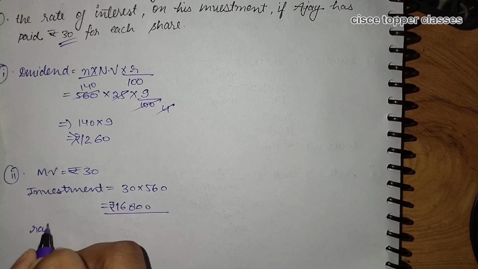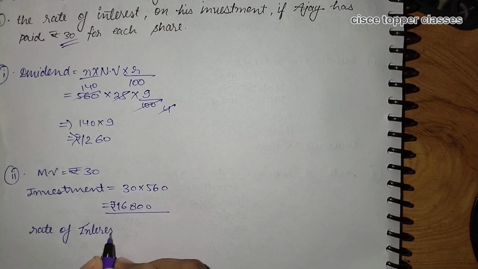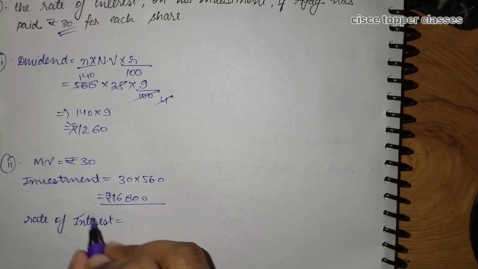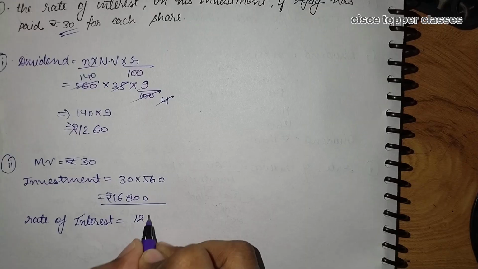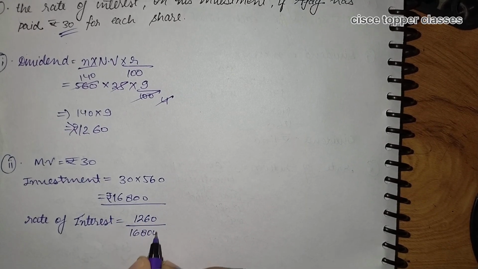If we want to find the rate of interest, it is like the rate of return in this question. So this is equal to income, annual income, means dividend, over total investment into 100. So dividend we put the value 1260, total investment 16,800, into 100.